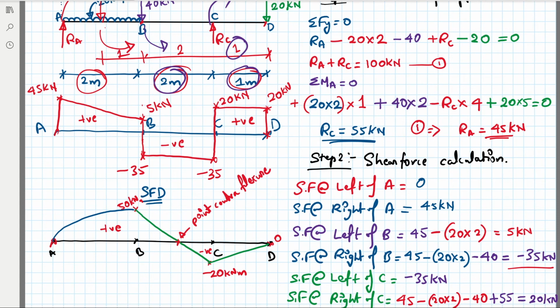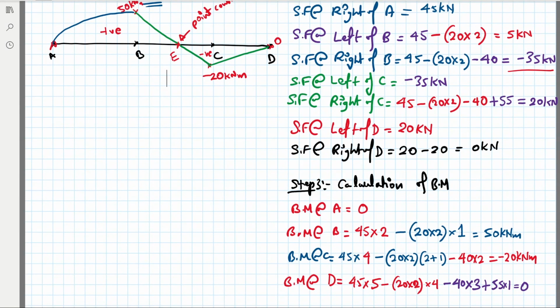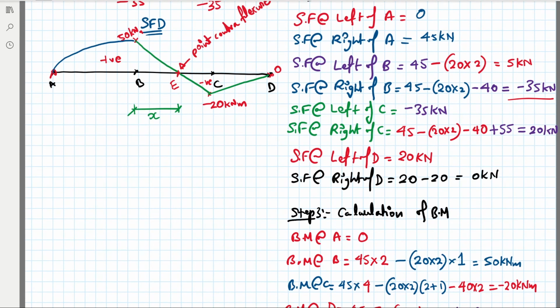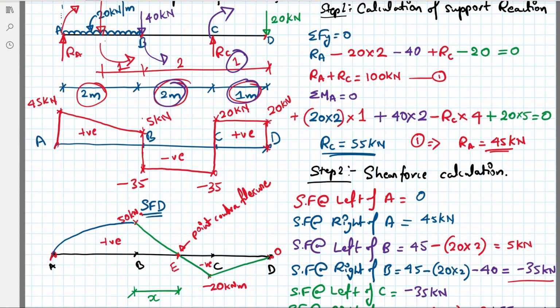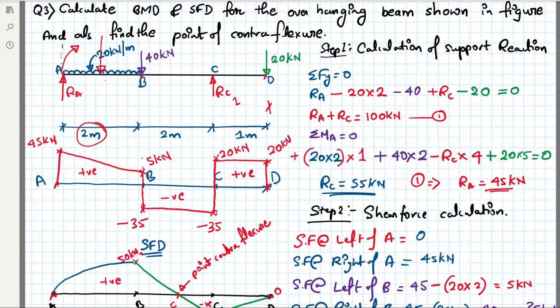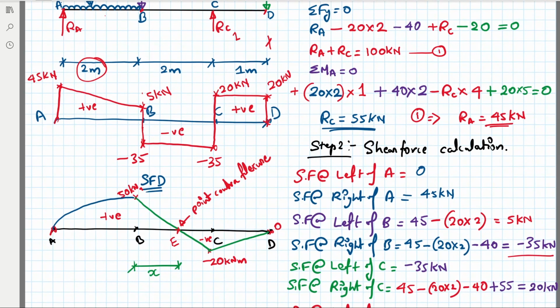So I will take that point as E. To find it, I will consider E to be at a distance of x from B. I will take that point here in the main diagram, then calculate the bending moment at E. Then I will substitute it as 0, since I know that the bending moment at E is equal to 0.